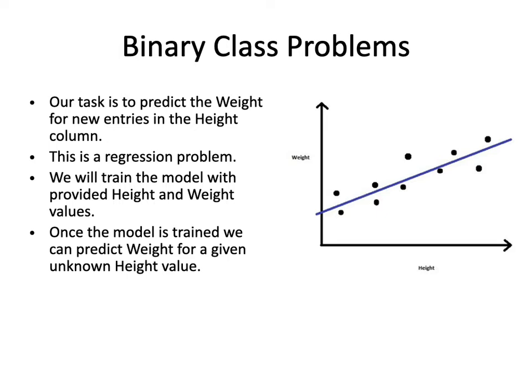As we have earlier discussed, this is a regression problem where we will build a linear regression model. We will train the model with the provided height and weight values, modeling the relationship between them. Once the model is trained, we can predict the weight for the given unknown height. We can see here, by having a best fit line, we can predict the unknown values.